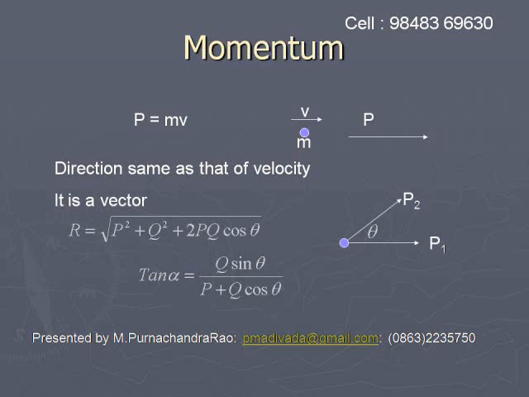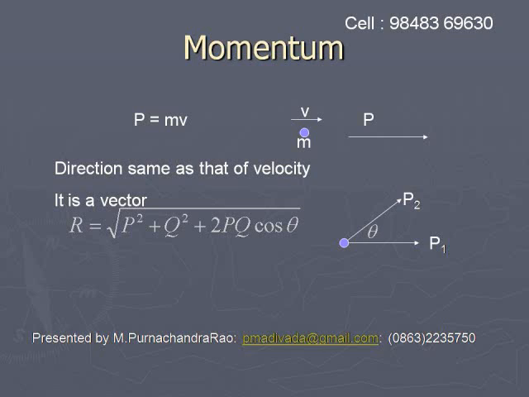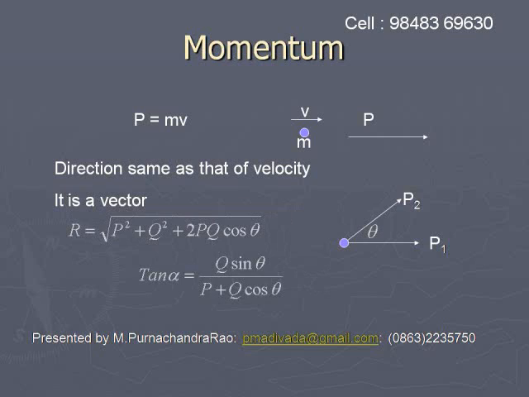If a particle is having more than one momenta, say two momenta, P1 and P2, since momentum is a vector quantity, the resultant momentum will be the vector sum of P1 and P2. If there are two vectors P and Q at an angle theta, their resultant R is given by square root of P squared plus Q squared plus 2PQ cos theta.